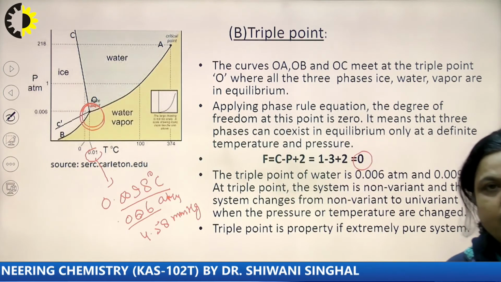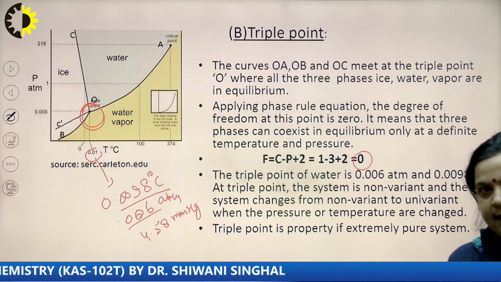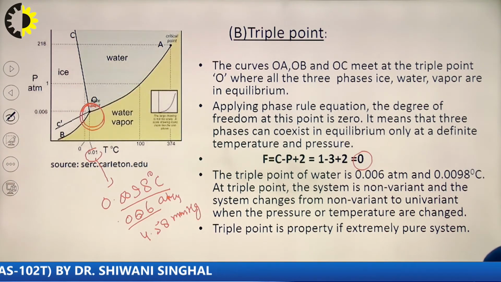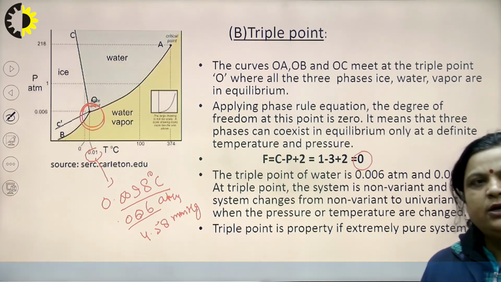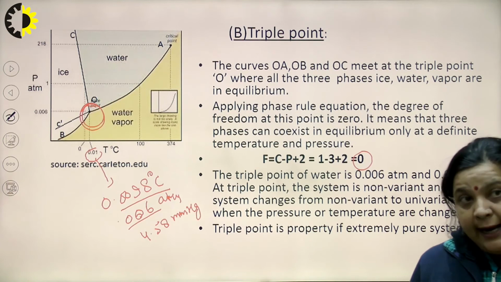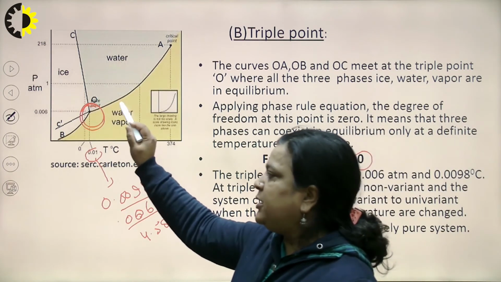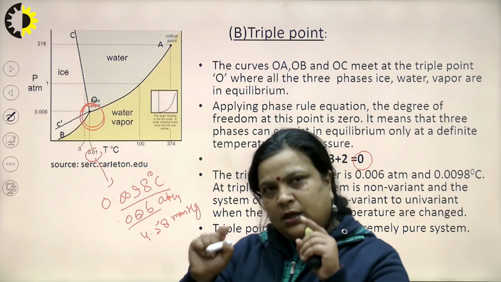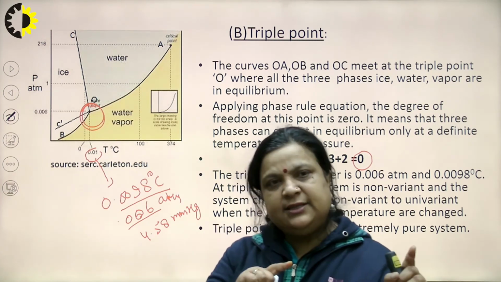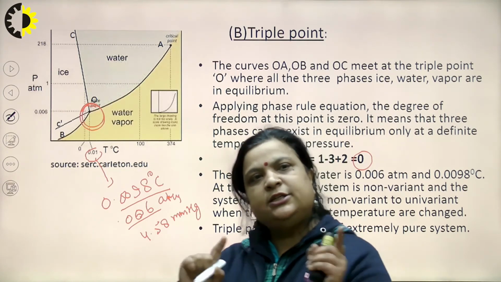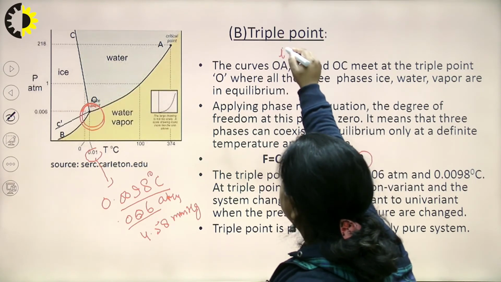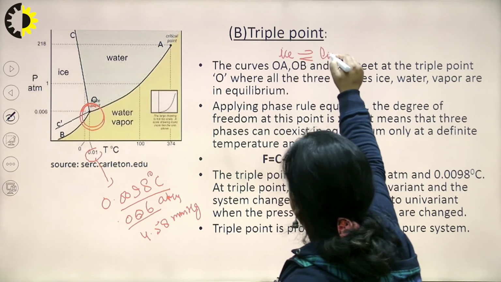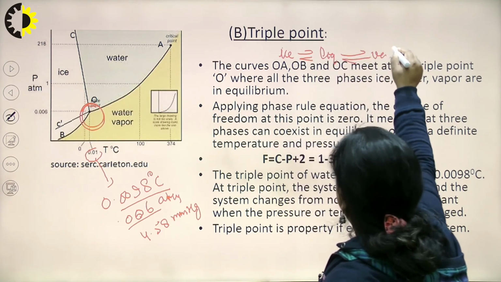So, the triple point of water is this, and it is non-variant. The system changes from non-variant to univariant when either pressure or temperature is changed. It means a slight change in temperature or pressure, and one phase will merge into another, because at the triple point we know that ice is in equilibrium with liquid and liquid is in equilibrium with vapor.